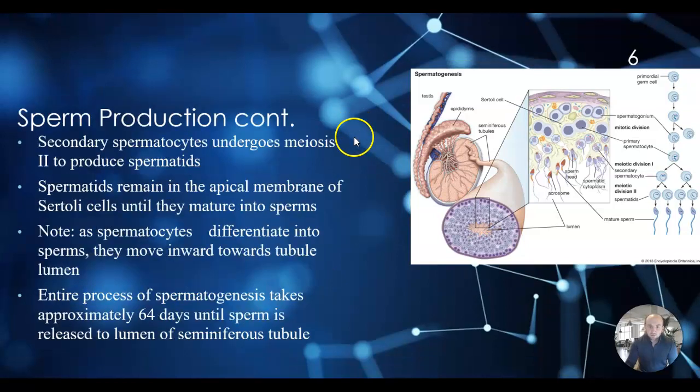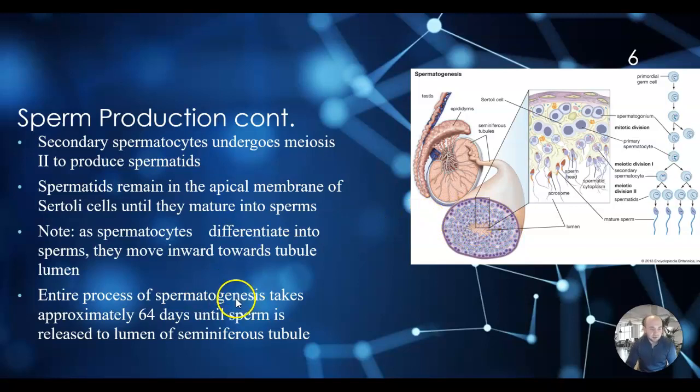Continue on. Secondary spermatocytes undergo meiosis 2 to produce spermatids. So this is meiosis 2, and then they produce spermatids, and then those spermatids will eventually develop into a mature sperm. Note, as spermatocytes differentiate into sperm, they move inward into the tubule lumen, which is right in here.